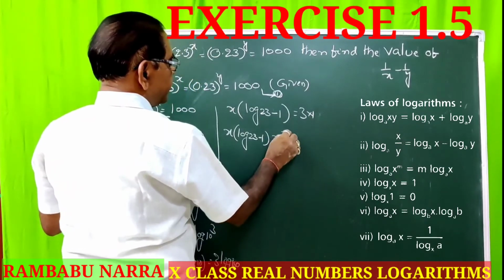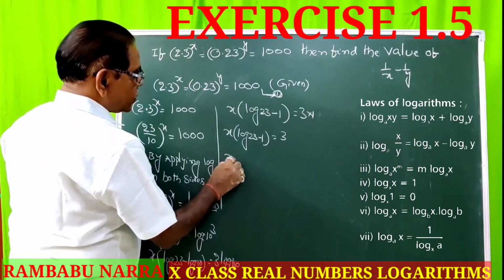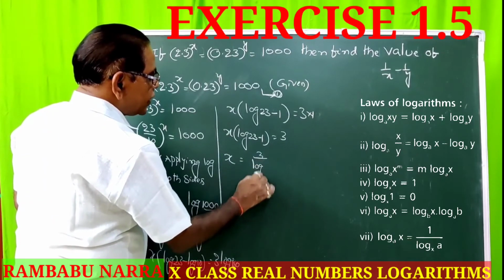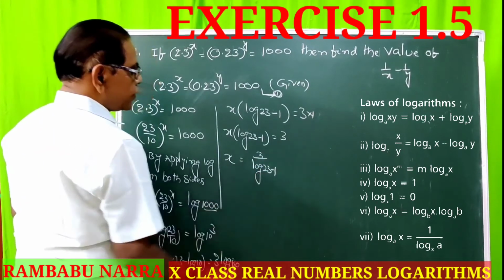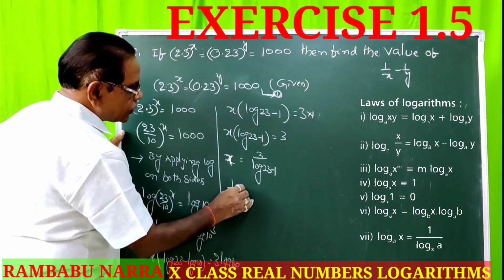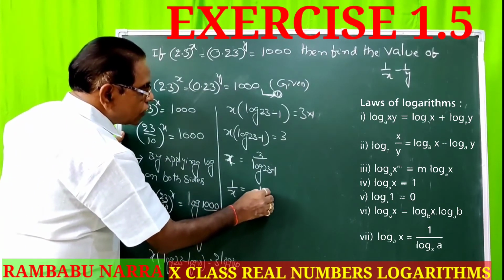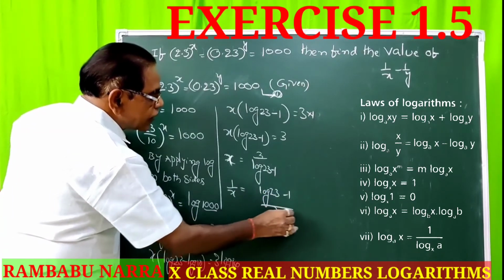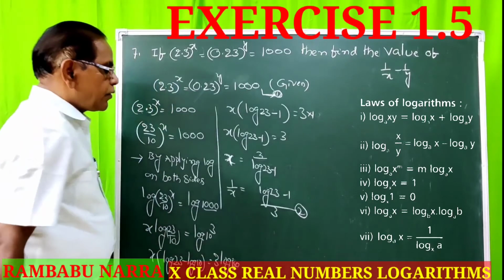Now x equals 3 by (log 23 minus 1). The reciprocal of x, that is 1 by x, equals (log 23 minus 1) by 3. This is equation number 2.